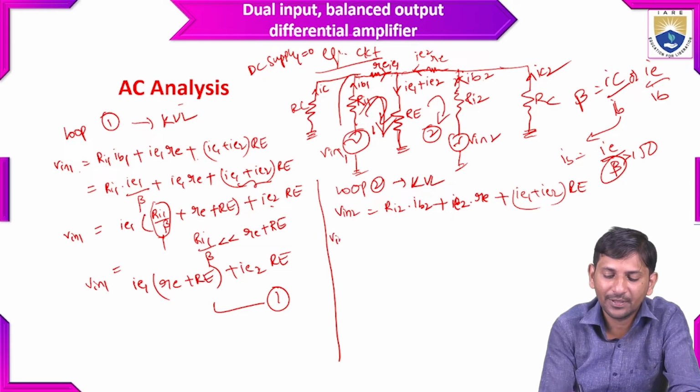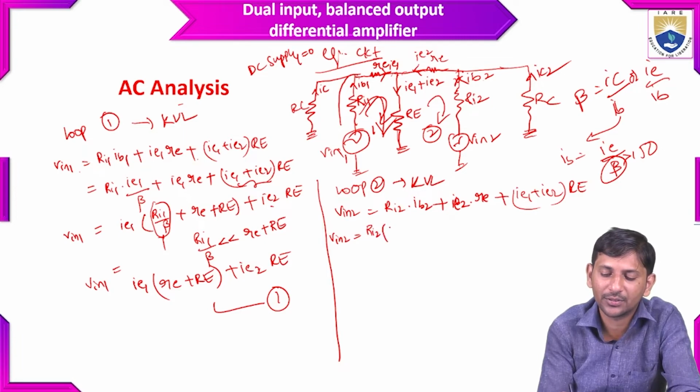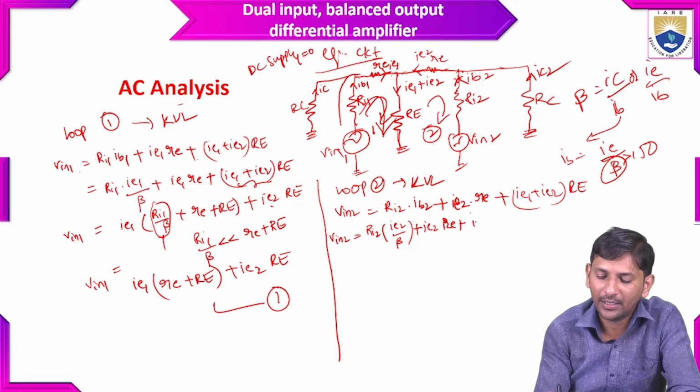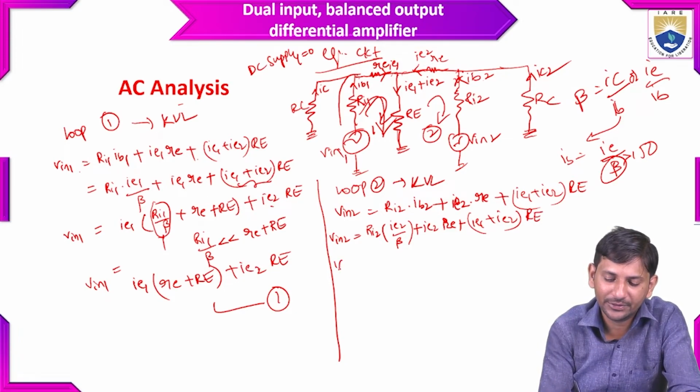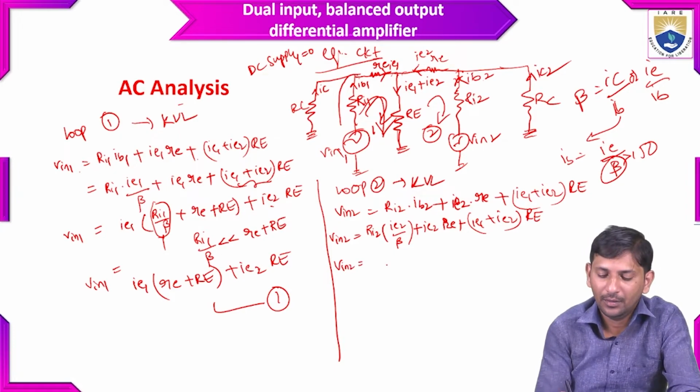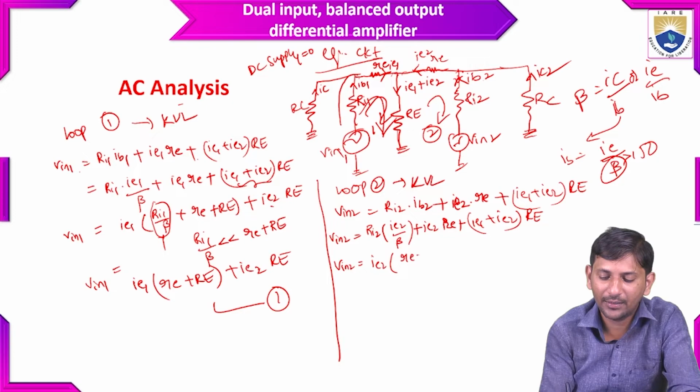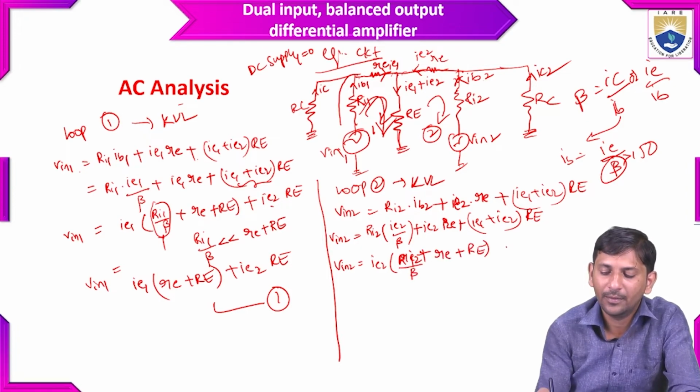Now I am going to simplify in the same way as loop 1. So IB2 can be represented as Ri2 into IE2 by beta, plus IE2 into Re, plus (IE1 plus IE2) into capital Re. Now if I simplify, take IE2 common. So Ri2 by beta plus Re plus capital Re, plus IE1 into capital Re.